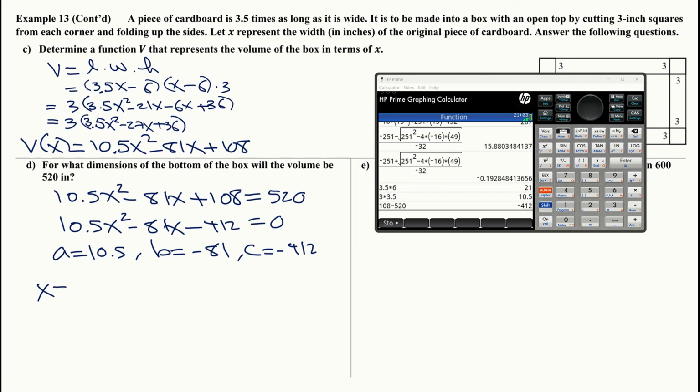So now we get x equals negative B plus or minus square root of B squared minus 4AC over 2A.